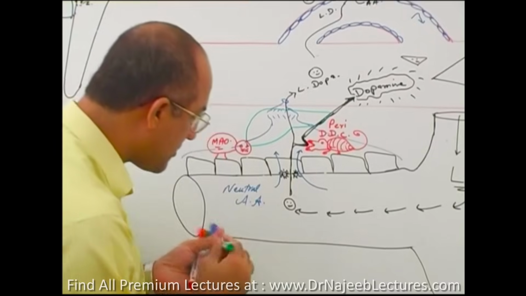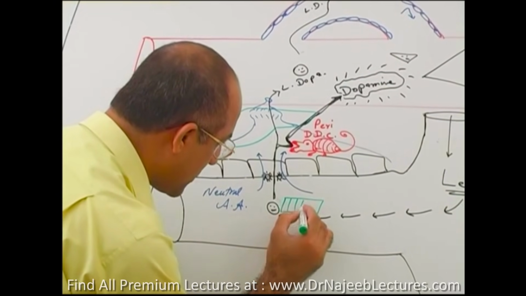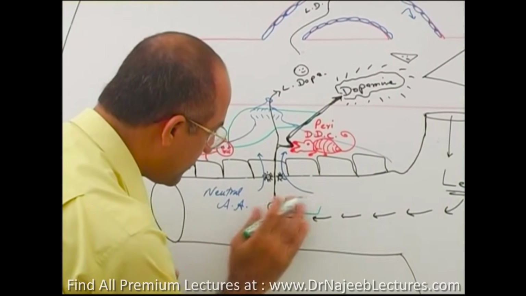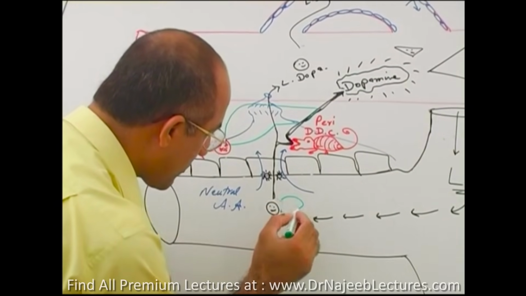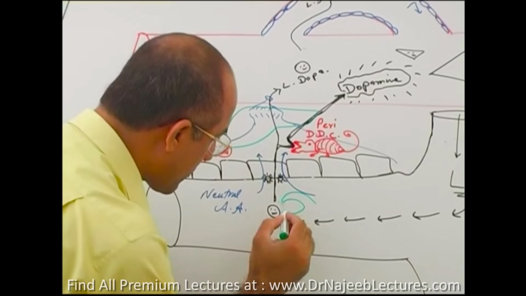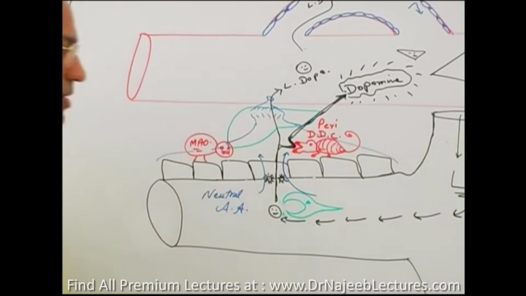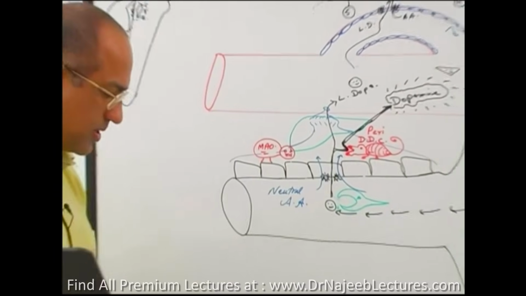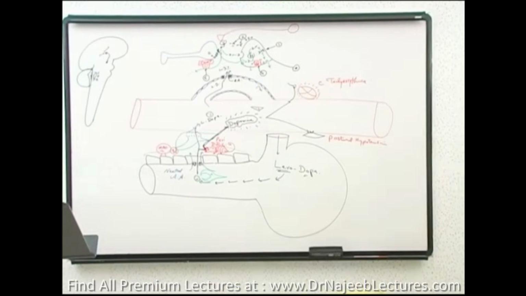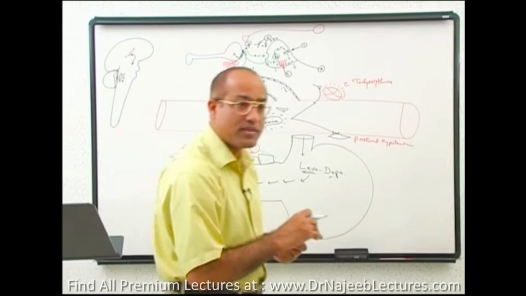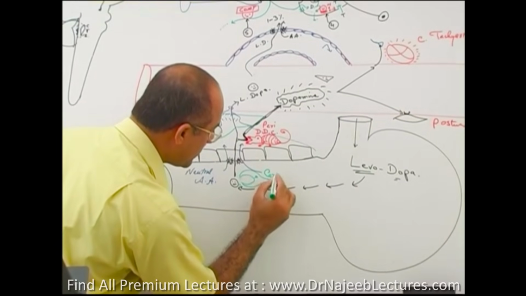And what is the name of that drug? Hypothetically, I can show it this way. This is a drug which is given along with the levodopa. What is this drug called? Carbidopa. This is called carbidopa.